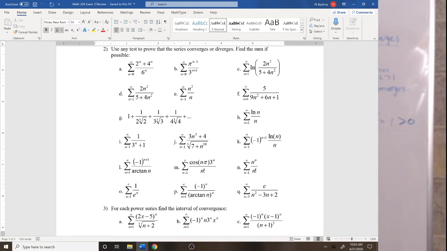Absolutely, you could simplify that to just the sum of n. So that one, guys, is a P series. You could rewrite that as 1 over n to the negative 1.